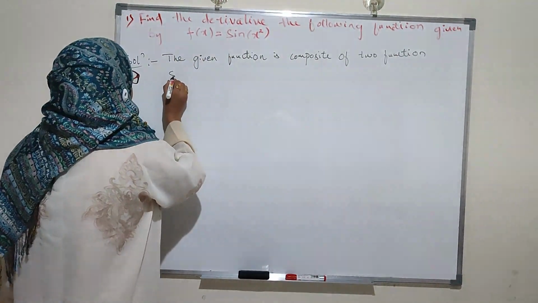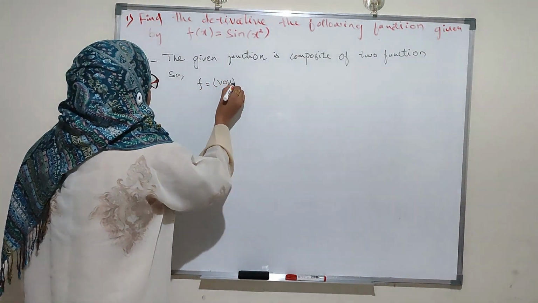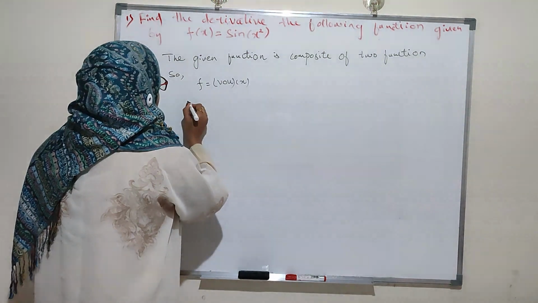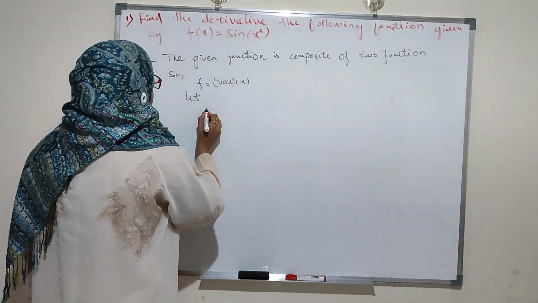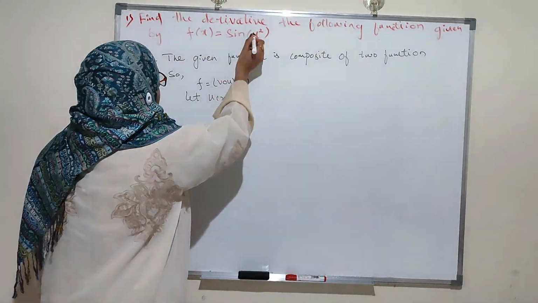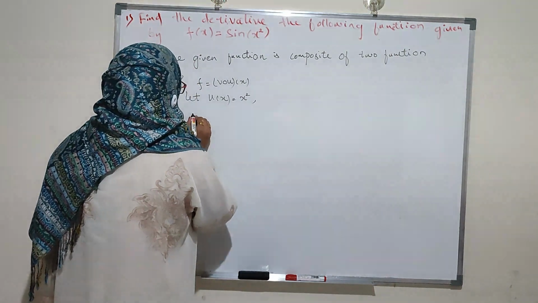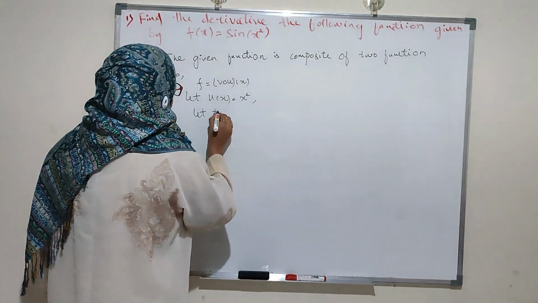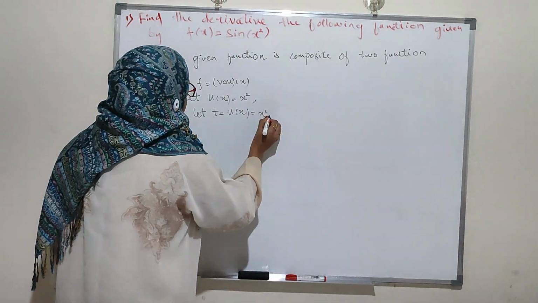Now, we can write f equal to v of u of x. Let u of x equal to x square. Now let t equal to u of x equal to x square.